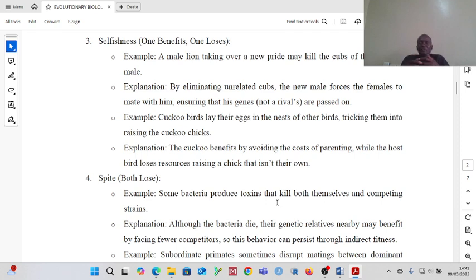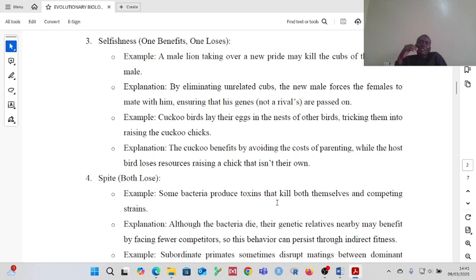Then when the female eventually mates with this new male lion, it is the genes of the new male lion that will be in the new brood of cubs. Pure selfishness, because it is doing away with the rival's genes, but enhancing its own genes.